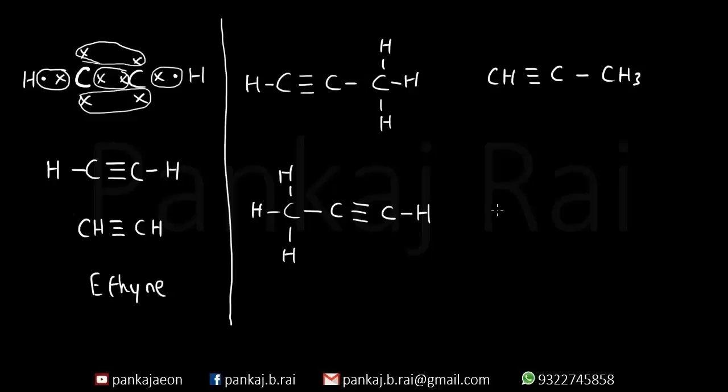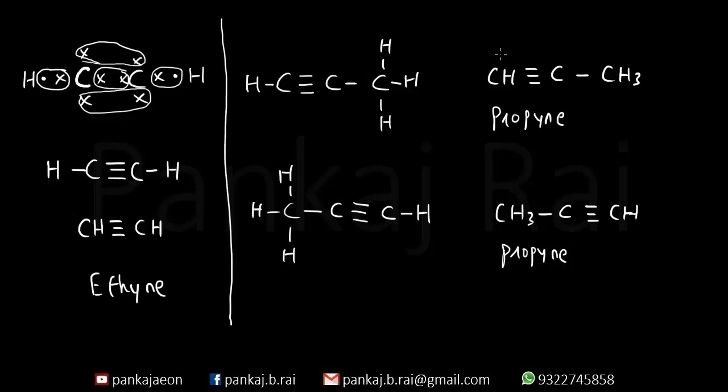This can be written as CH3 single bond C triple bond CH. By the way, both are the same compound because they are just mirror images of each other, from left to right and right to left.